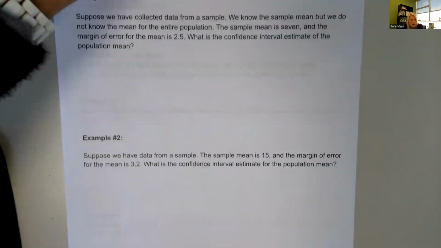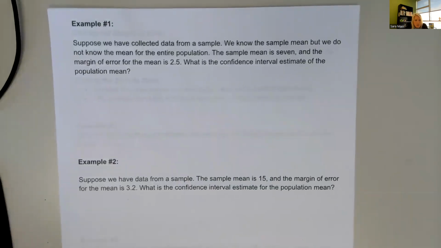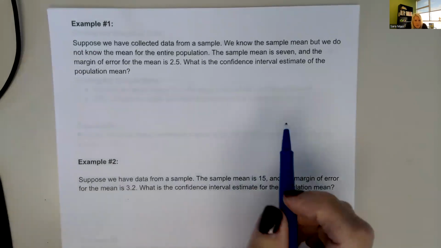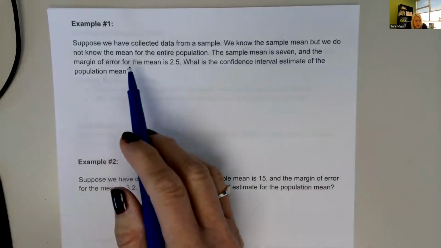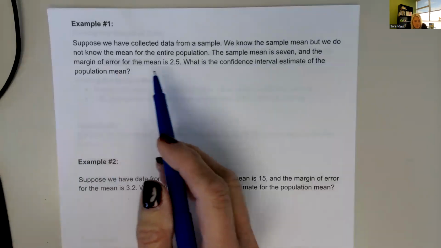Let's look at example 1. It says, suppose we have collected data from a sample. We know the sample mean, but we do not know the mean for the entire population. The sample mean is 7, and the margin of error for the mean is 2.5. What is the confidence interval estimate of the population mean?